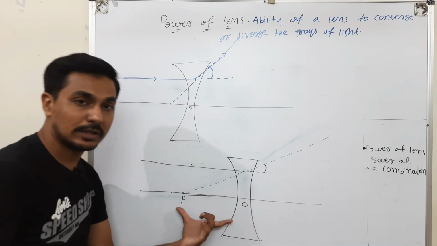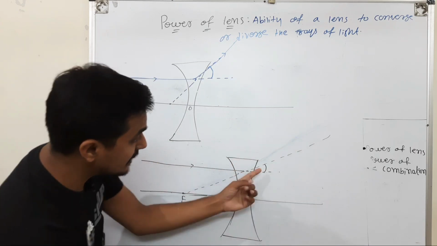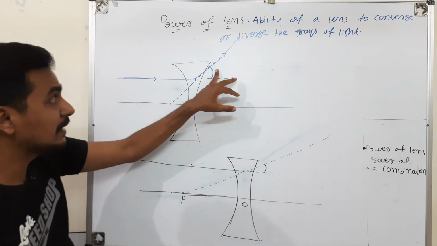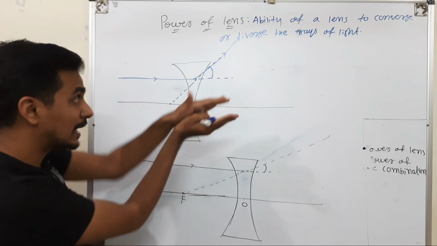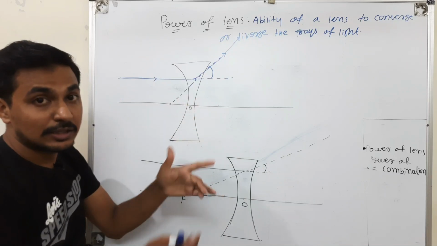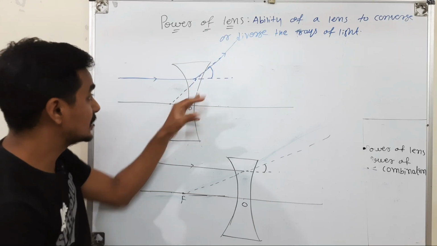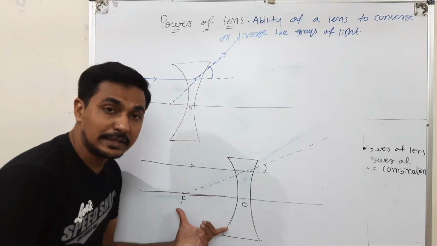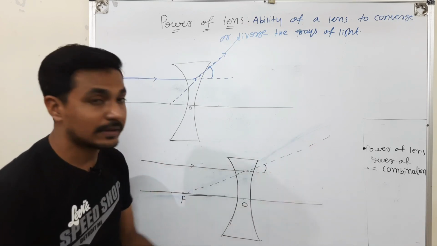For larger focal length, the ability of the lens to diverge the light ray is less. It is diverged by a very small angle here and by a very large angle there. So the smaller the focal length, the larger is the bending, the larger is the deviation. The ability of the lens to diverge the ray of light is larger for shorter focal length, and less for the lens having larger focal length.